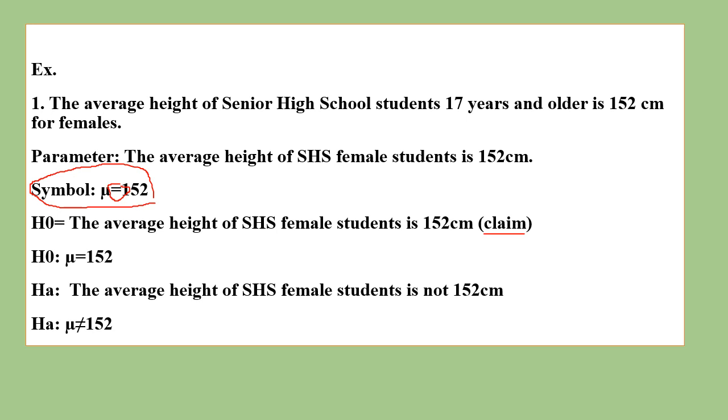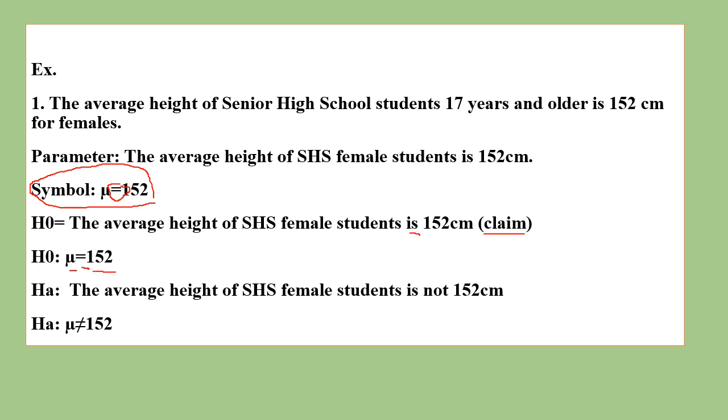That was the second step. Now, in the third step, of course, we need to symbolize. And the fourth step is to formulate the null hypothesis first. So, the average is symbolized as mu. The keyword is is symbolized as equal. Then, the amount is 152.